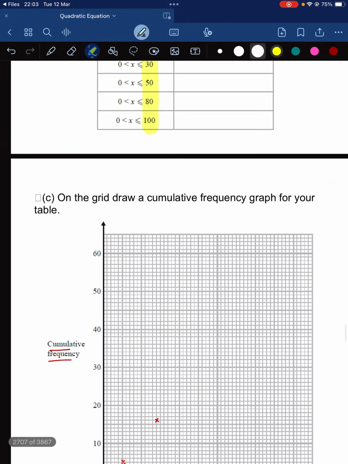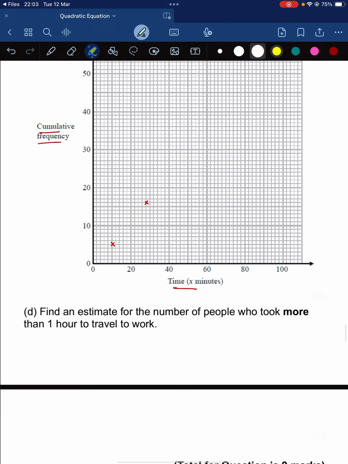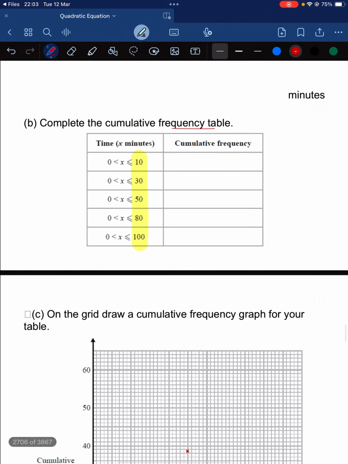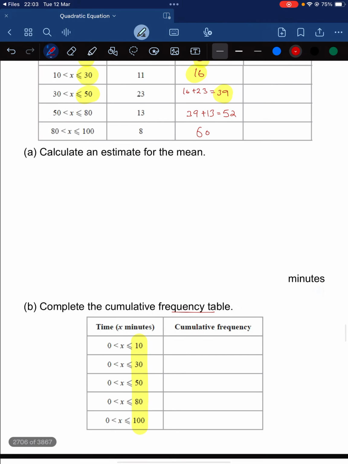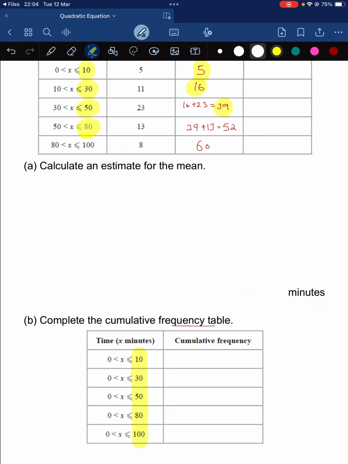Here we have 50 and 39. After that, the next point is 80 and 52.